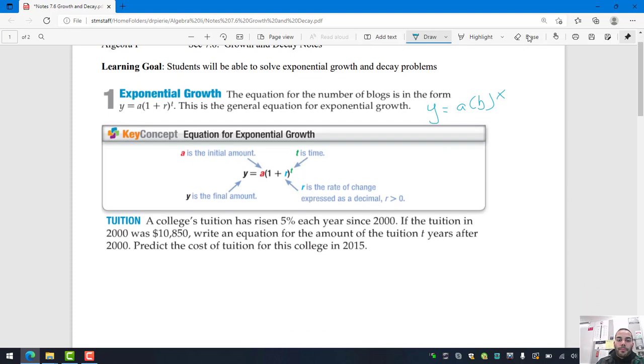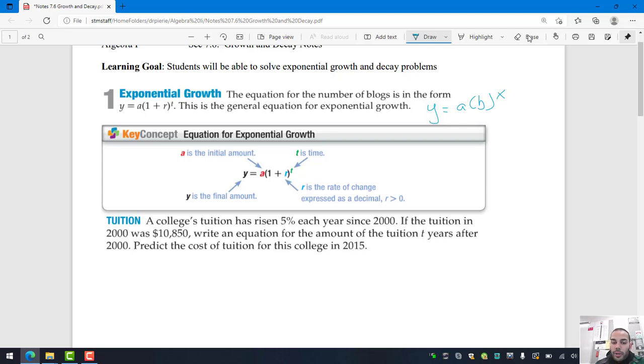So let's compare this equation to this one up here. It looks pretty similar, there's just a few extra pieces. When we're dealing with exponential growth, it's typically going to be a word problem. We just have to know what each of these variables can represent. The first thing we see on the left is y equals, just like up here.